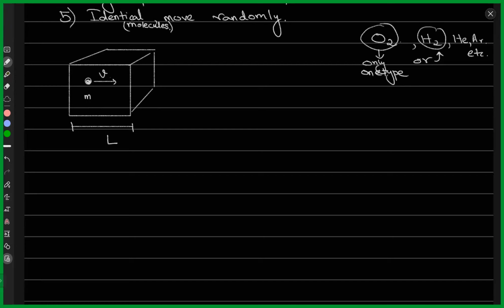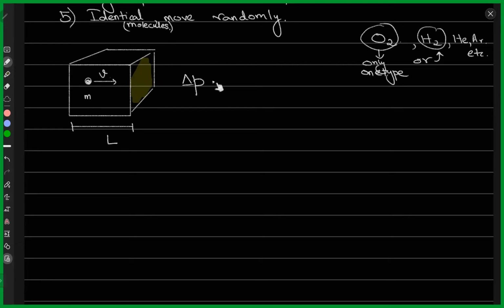Now, this molecule is moving in this direction. What would happen if this molecule hits this wall? If the molecule hits this wall, it's going to hit it and then rebound backwards. And that hitting is going to produce a change in momentum.